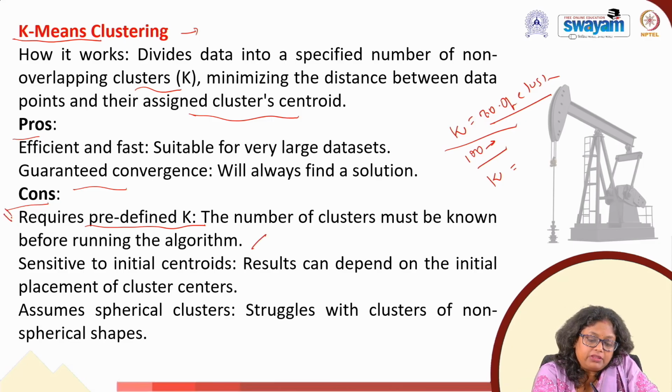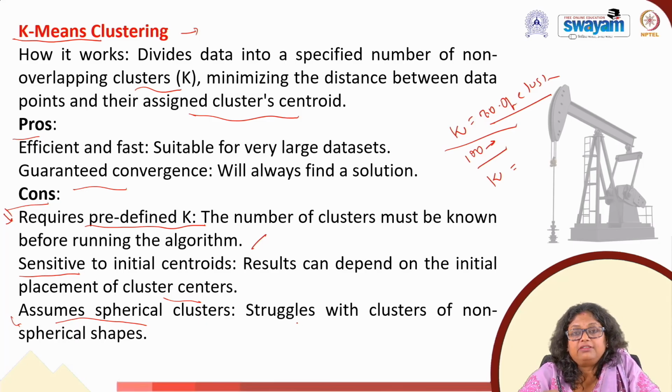The second one, it is sensitive to initial centroids, so the result can depend on the initial placement of the cluster centers. And lastly, we assume spherical clusters in k-means, so it struggles with clusters of non-spherical shape.